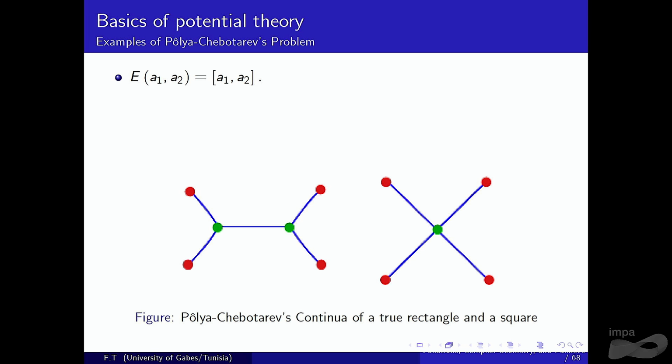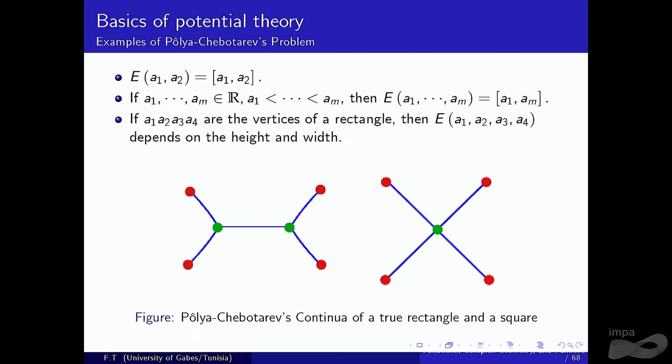The first one is the example of the segment: the Polya-Chebotarev problem for 2 points a_1, a_2 is the segment [a_1, a_2]. The Polya-Chebotarev problem for m collinear points is the maximal segment containing all of these points.